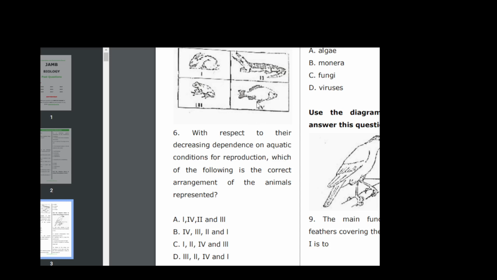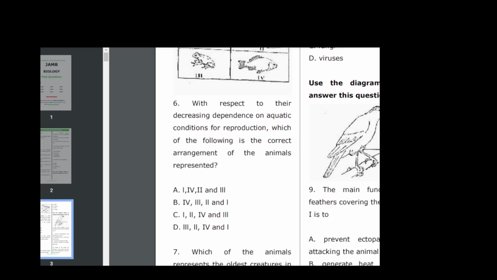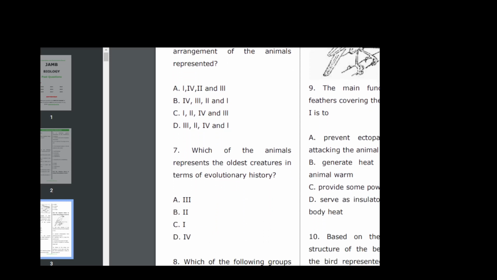The fishes depend mostly on water for reproduction, followed by the amphibians, because they also mate and lay their eggs in water. It is in the waters that the eggs will hatch and become tadpoles. Also, the crocodiles or alligators, the reptiles, come in number 3 before we have the rabbit as number 4. So that is that about that question.